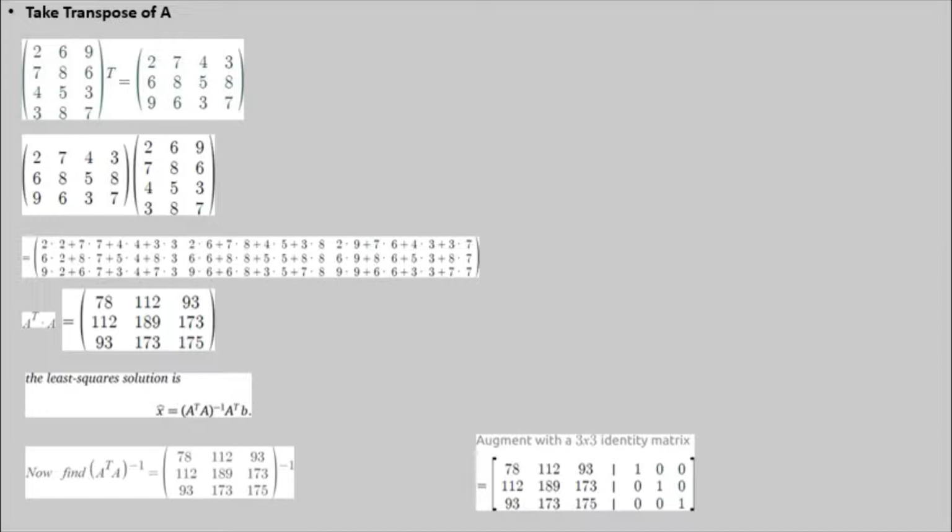For the least square solution, first we take the transpose of A, and then we multiply A transpose with A. The least square solution is x equal to (A transpose A) inverse times A transpose times B. Now we find (A transpose A) inverse. Augment with a 3 by 3 identity matrix.